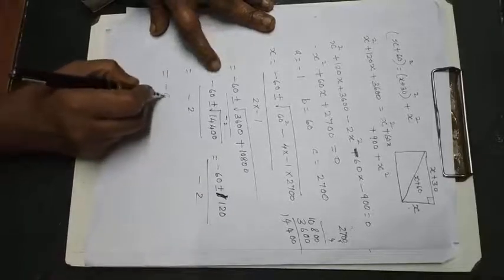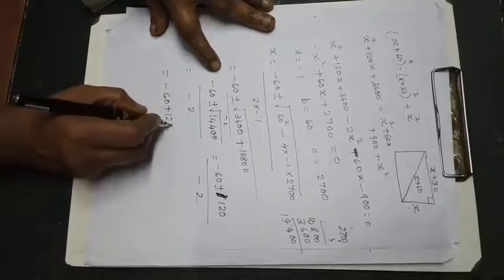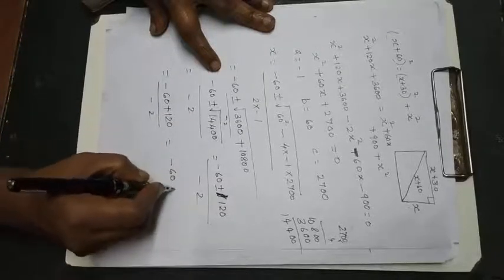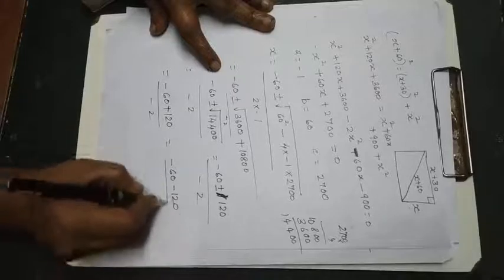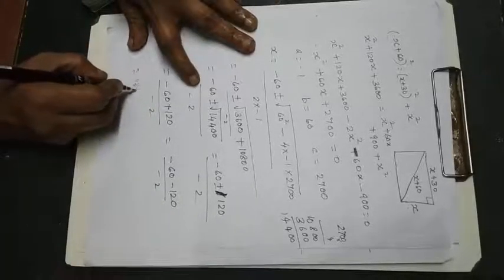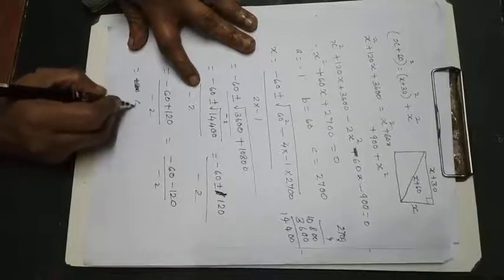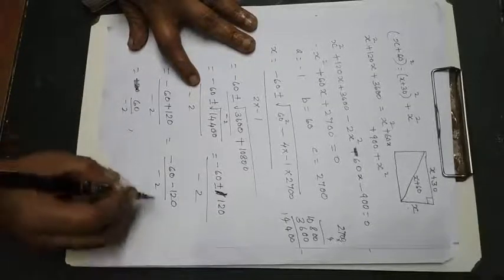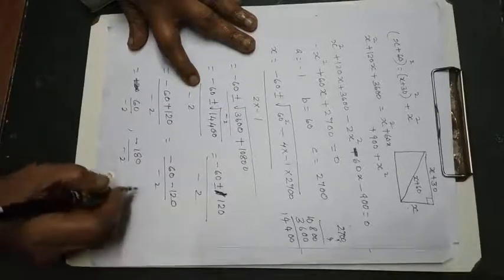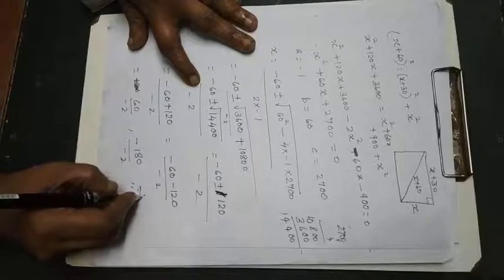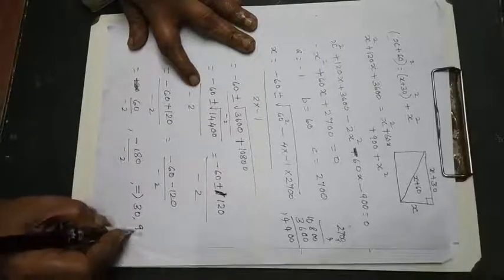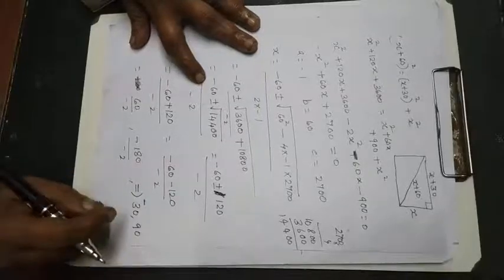That is negative 60 plus 120 by negative 2, or negative 60 minus 120 by negative 2, or here 60 by negative 2, or negative 180 by negative 2. So negative 30 you are getting, and here 90 you are getting, negative 30 and 90.